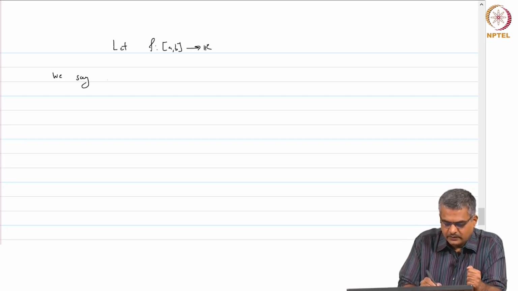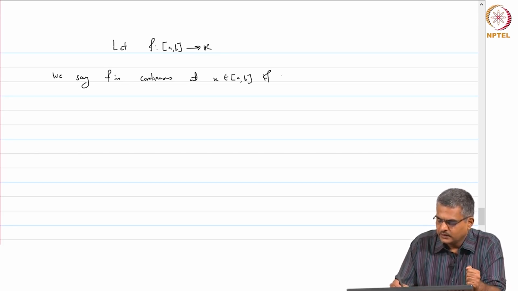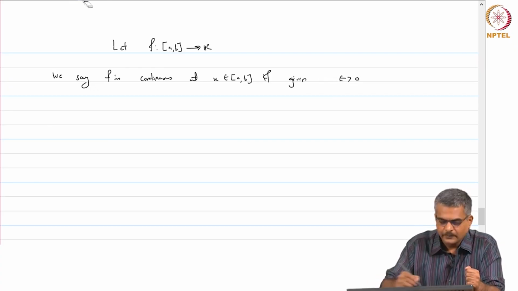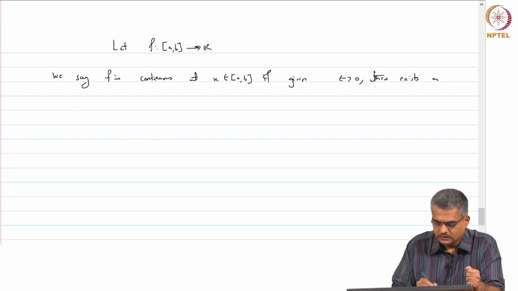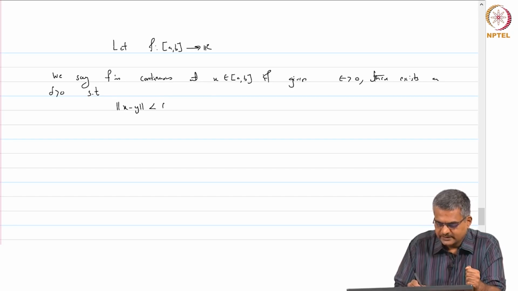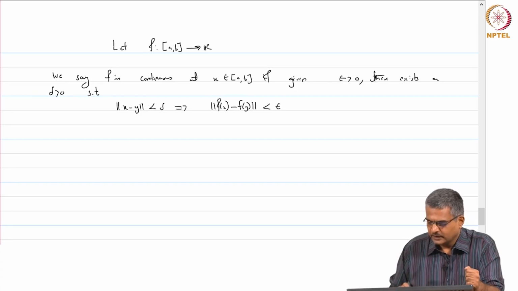We say f is continuous at x belonging to a b if, given any epsilon greater than 0, there exists a number delta greater than 0 such that whenever norm of x minus y is less than delta implies norm of f of x minus f of y is less than epsilon.